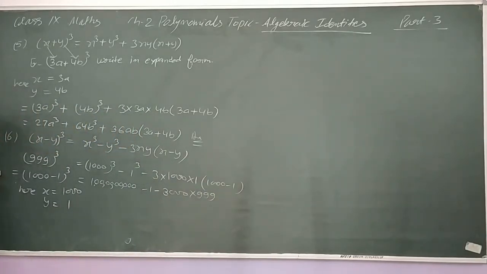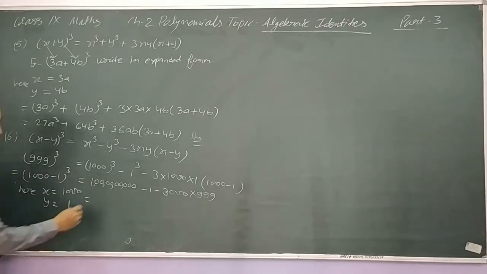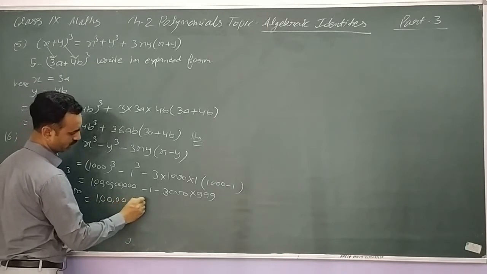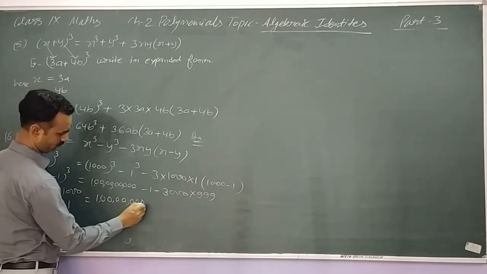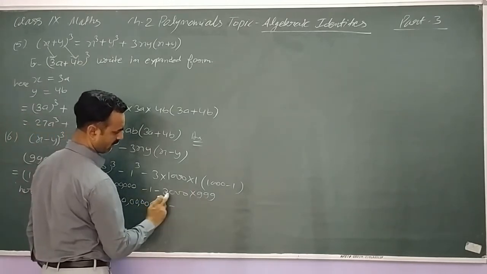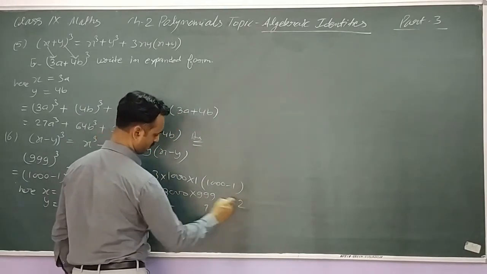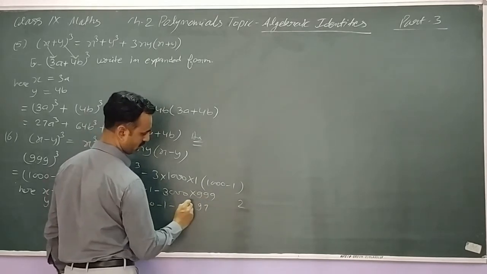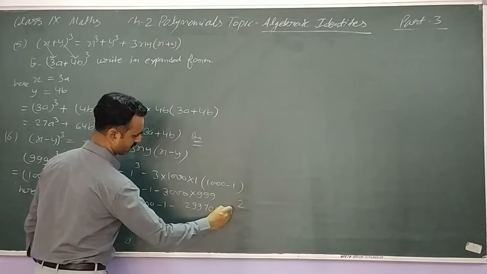So by simplification, minus 1 minus 3 multiplied by this, 3 nines are 27, 2 carry 2, 9, and triple zeros.